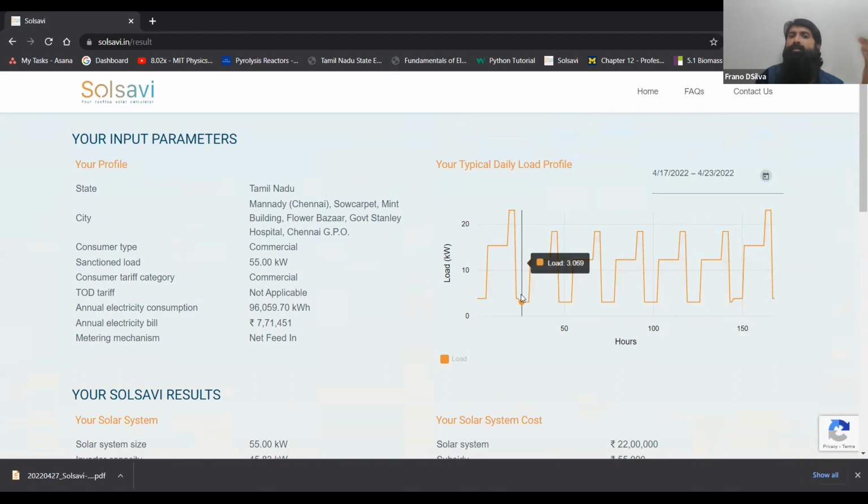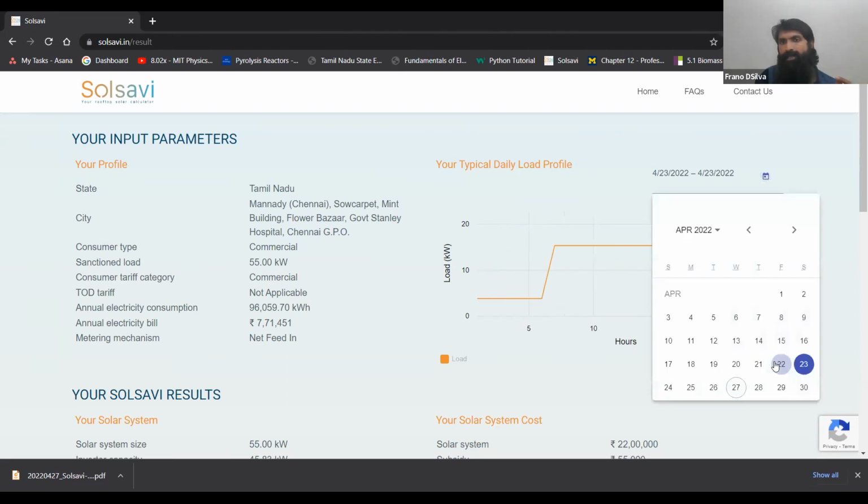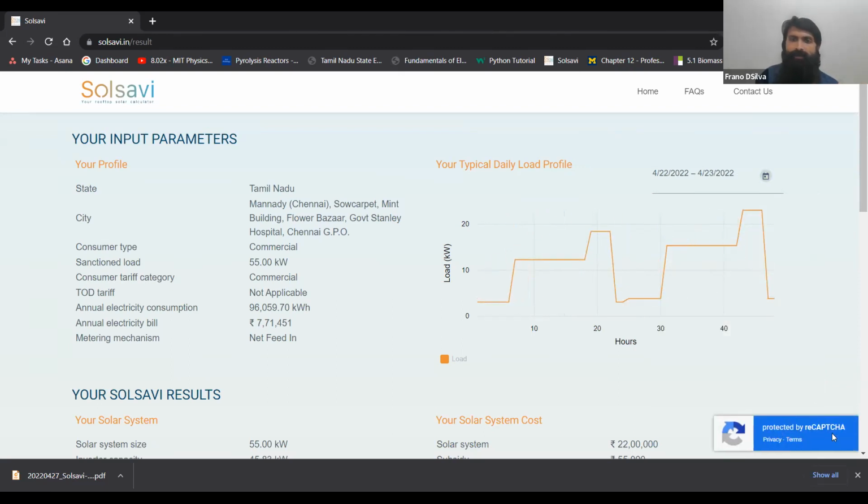As we mentioned earlier, we provided the weekend consumption to be 25% higher than the weekday. And it is reflected in your load profile when you select either a weekend day or a range of days between the weekend and a weekday, showing us the 25% difference.